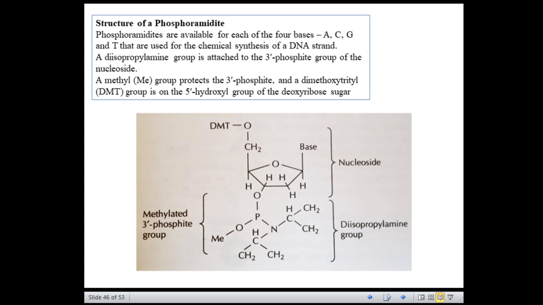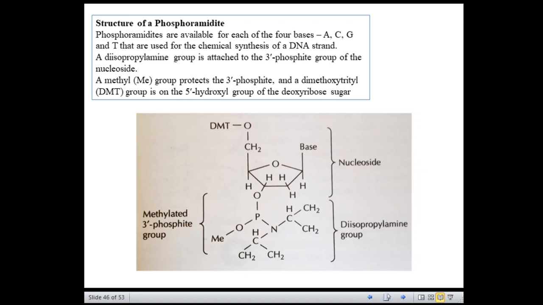If you carefully look at the structure of a phosphoramidite, it contains a nucleoside and a DMT group in the 5' position, then a diisopropylamine group attached to the 3' phosphite group, which by itself is protected by a methyl residue, and this whole molecular configuration is called phosphoramidite.